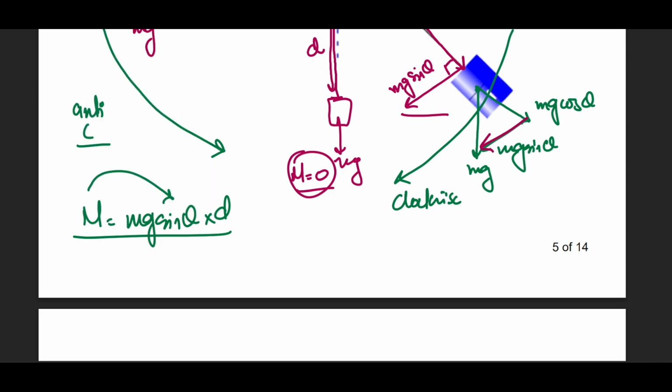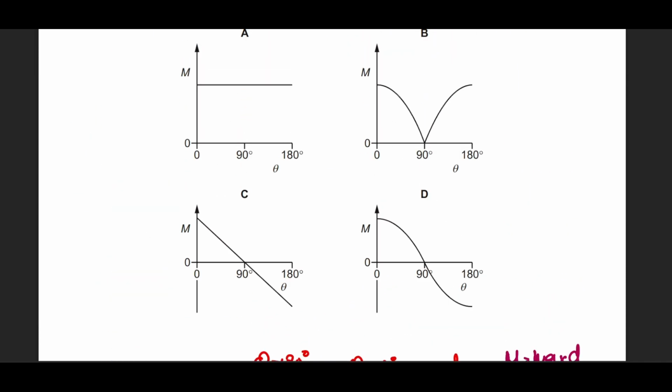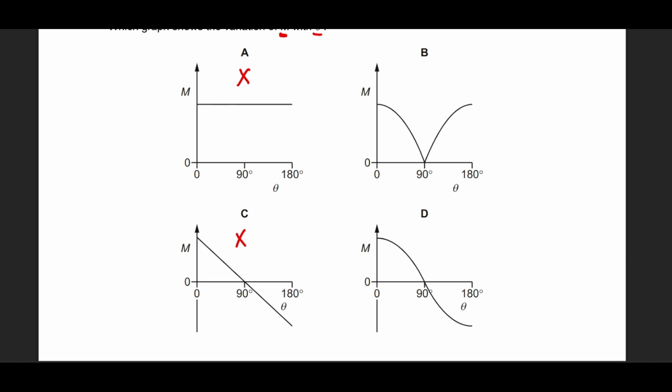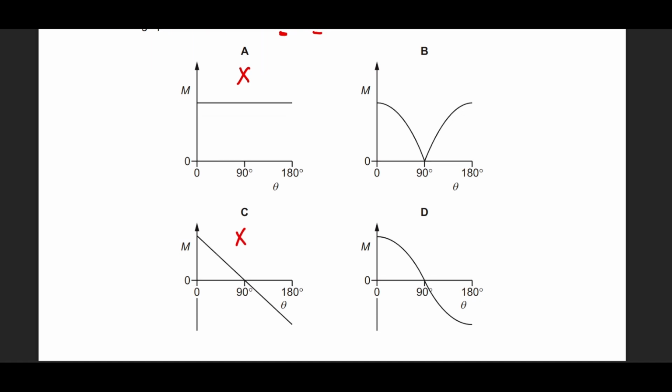We can see that it is going to be a sinusoidal function, right? It is dependent on sin theta. So it cannot be a straight line. It can't be option C. It has to be between B and D. Now, when you make a choice between B and D, you realize that if the positive or the clockwise moment was supposed to be positive, then the anti-clockwise can't be positive.